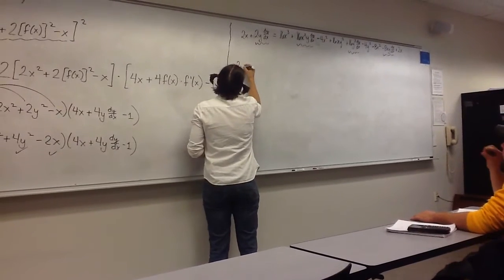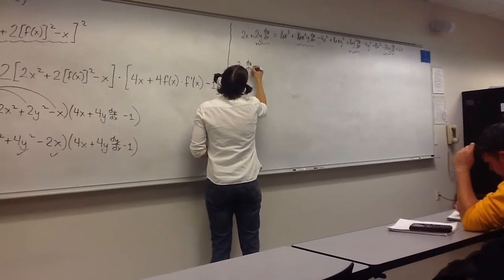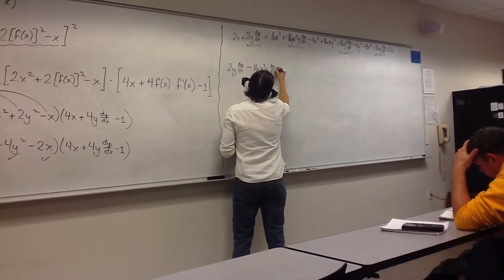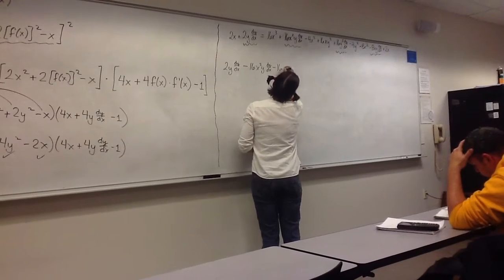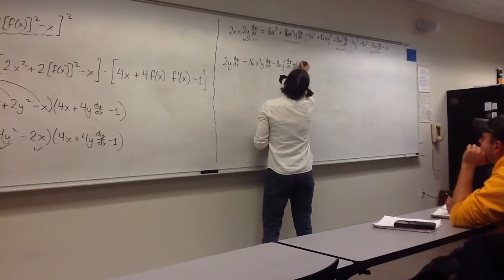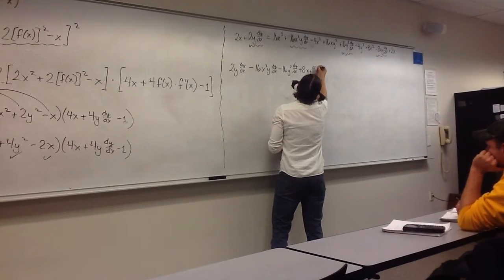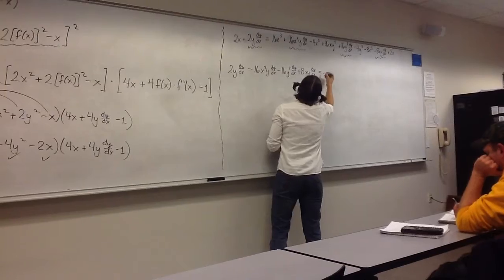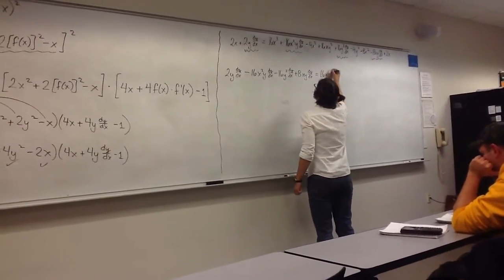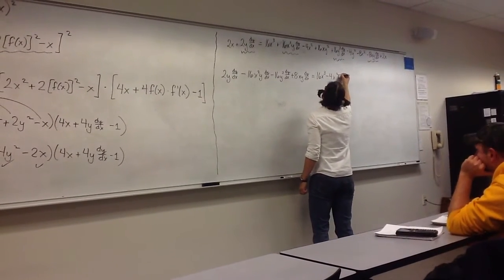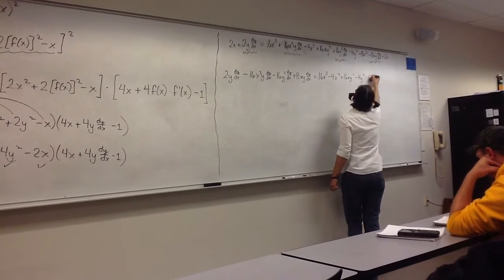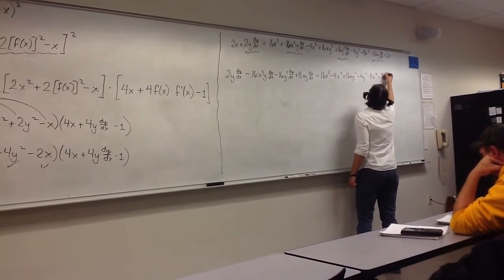So we've got 2y dy over dx minus 16x squared y dy over dx minus 16y cubed dy over dx plus 8xy dy over dx is equal to 16x cubed minus 4x squared plus 16xy squared minus 4y squared minus 8x squared plus 2x.